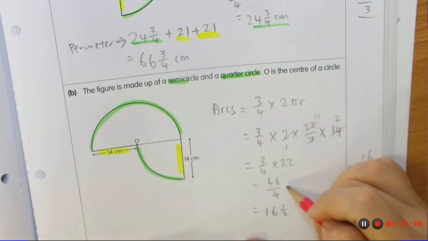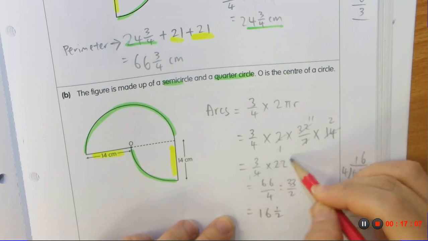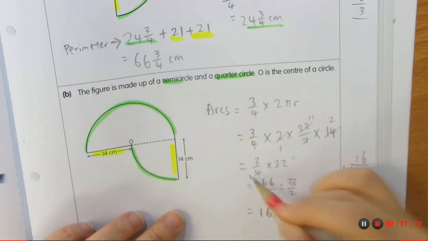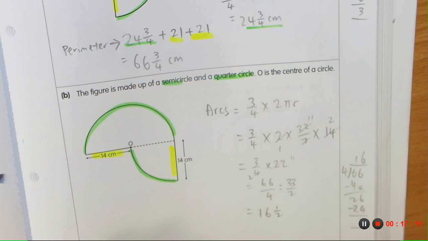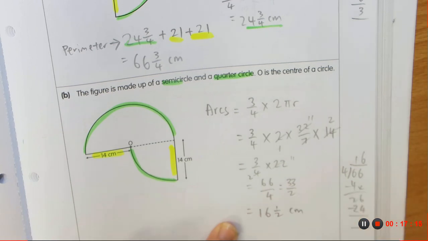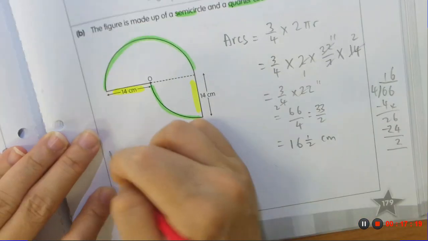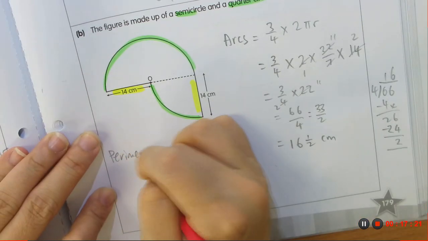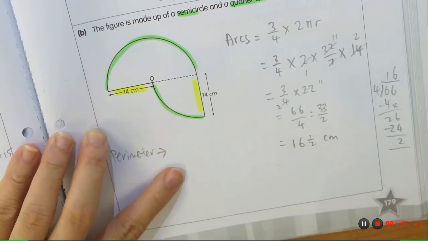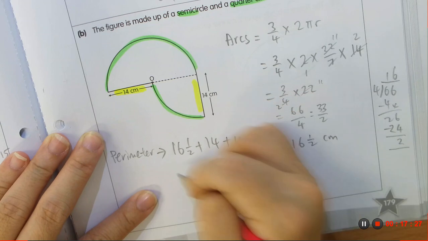I can simplify this further to have 33/2, the same. Also can. So the arcs together is 16.5. Then from here, I find the whole perimeter by using the arcs 16.5 plus 14 plus 14.